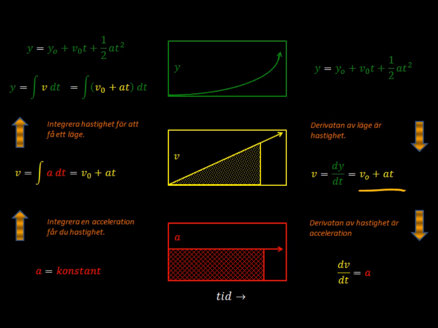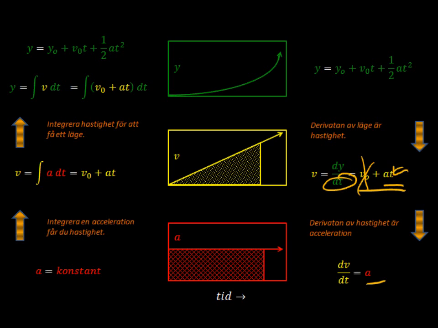The initial velocity in our stone in hand case was 0, but even if it was 2 or something, the derivative of a constant is nothing. That'll just go away. But the derivative of this is that, because it's with respect to time. See, dt. So there's our time. So the derivative of at is just a.